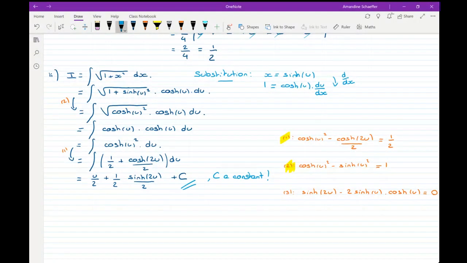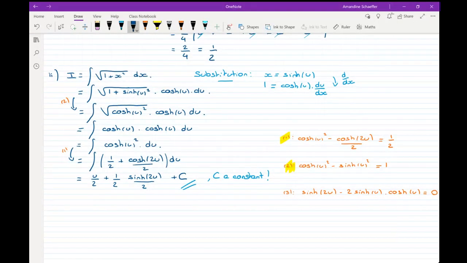Now we are almost done, but not quite. We solved the integral and ended up with u, and the initial variable was x. So don't forget, the last step is always to get back to the initial variable.